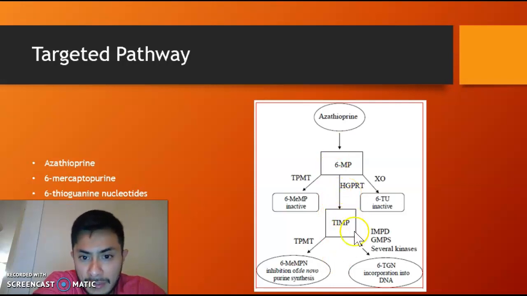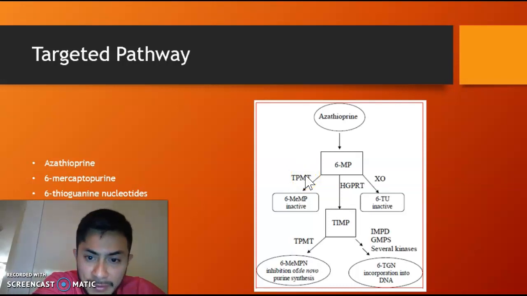center pathway. Another pathway is to go into the 6-methylmercaptopurine, which is 6-MeMP, and this one is usually prevented by itself, as thiopurine methyltransferase, which is this enzyme right here, is usually defective, so it tends not to take that pathway.